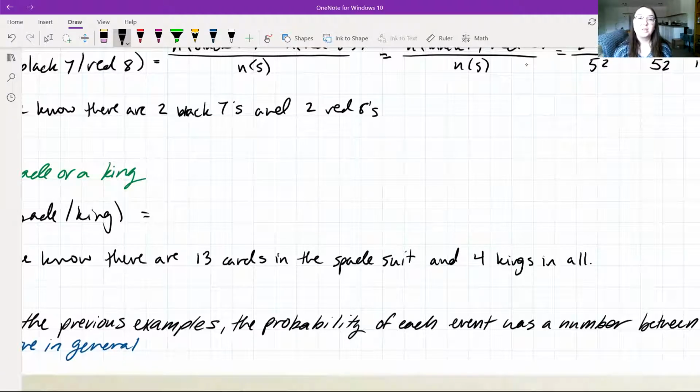But the thing that we notice is that if we're considering our 13 cards in the spade suit, one of those is going to be the king, or the king of spades. So if we had our entire range of elements, remember we don't count duplicates. So we wouldn't count the king of spades twice. We'd only count it once.